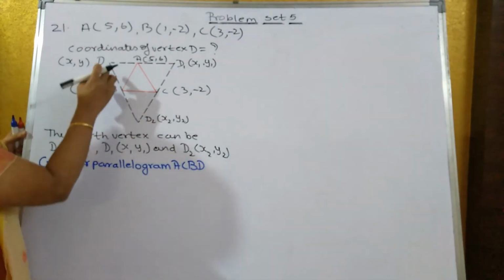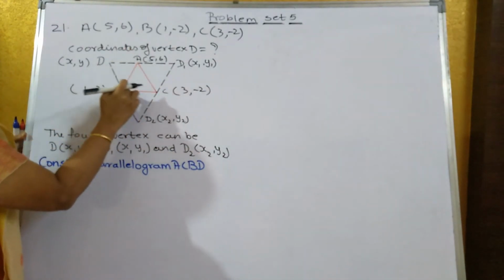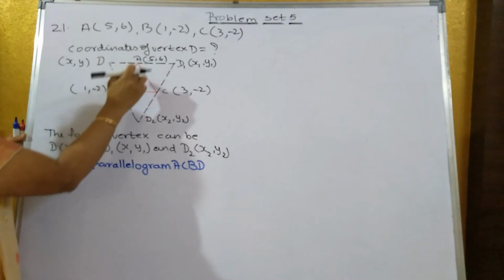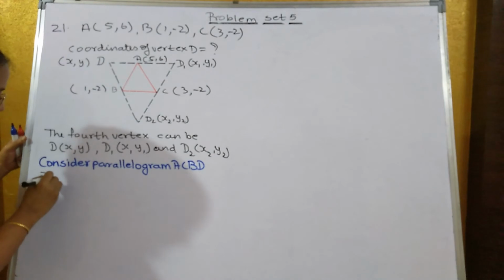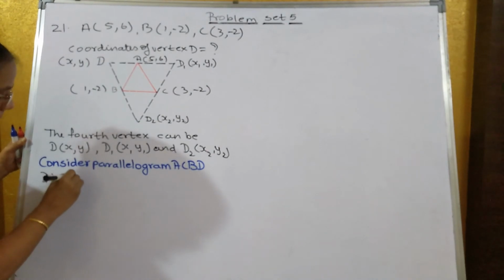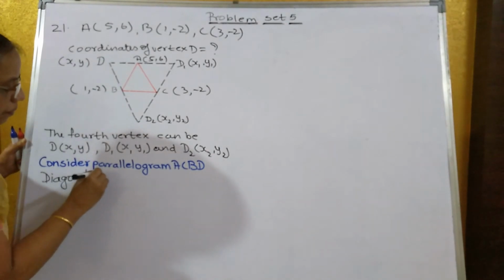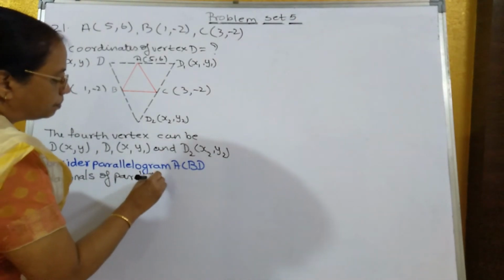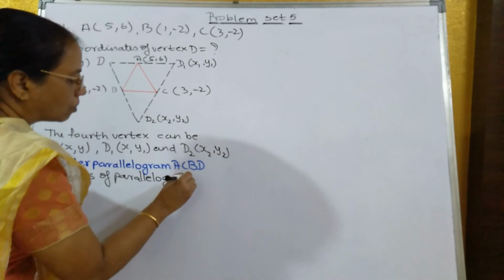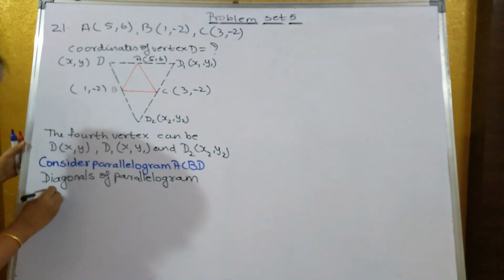Now consider the parallelogram, this one, ACBD. If we consider the parallelogram ACBD, we know diagonals of a parallelogram bisect each other.